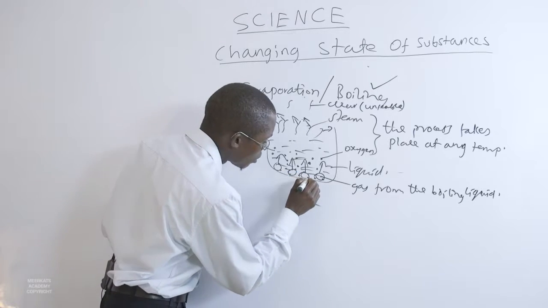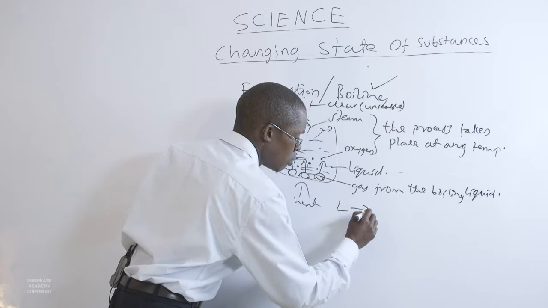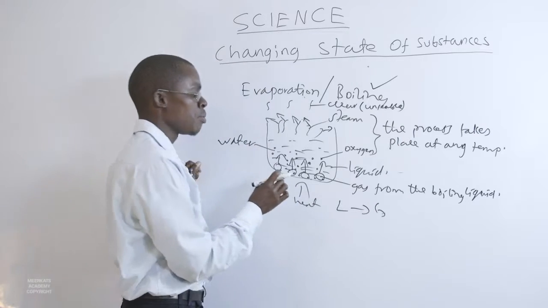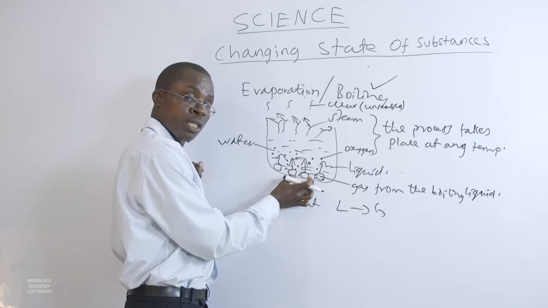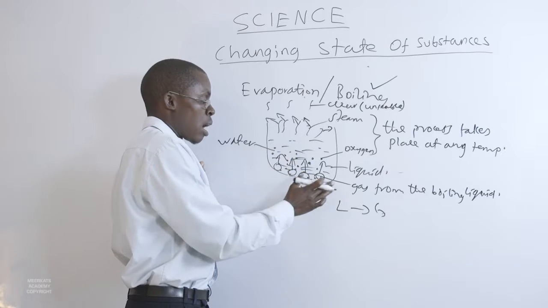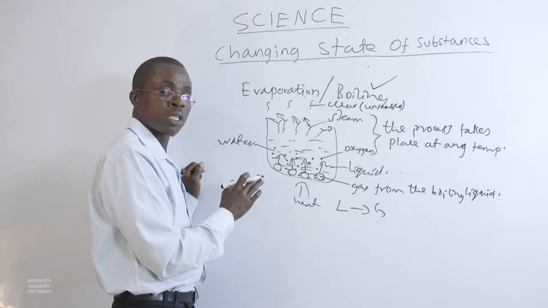So the water on this surface will turn from liquid to gas. And being in gas form at the lower point of the apparatus that you are using for boiling the water, what do you expect?